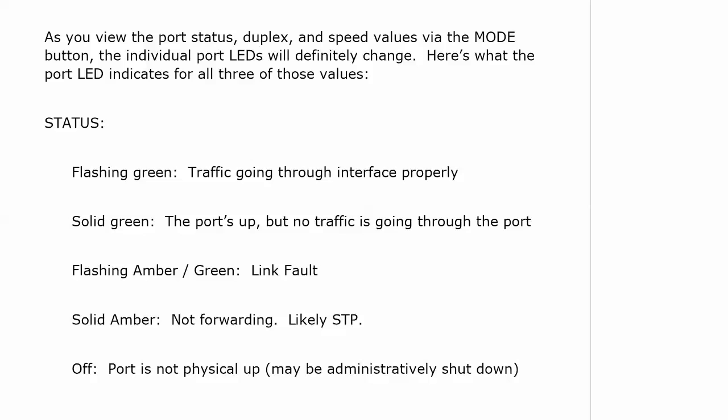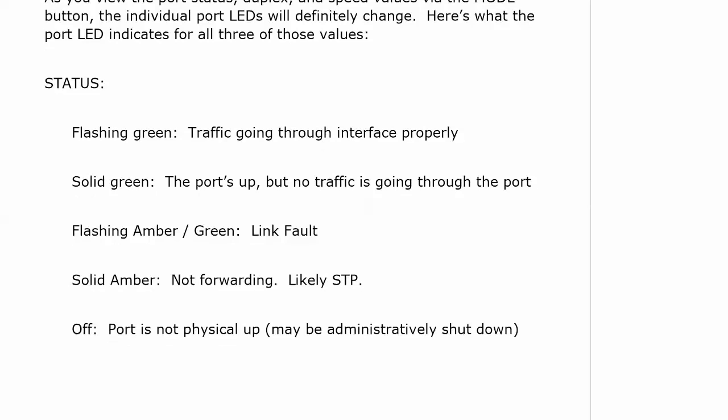That's very different from solid amber. And solid amber means the port is simply not forwarding. It's likely STP is causing that. There are other things that could cause it. But again, solid amber means it's just not forwarding. Off, port is not physically up, and it may well be administratively shut down. That's definitely the first thing I would check.